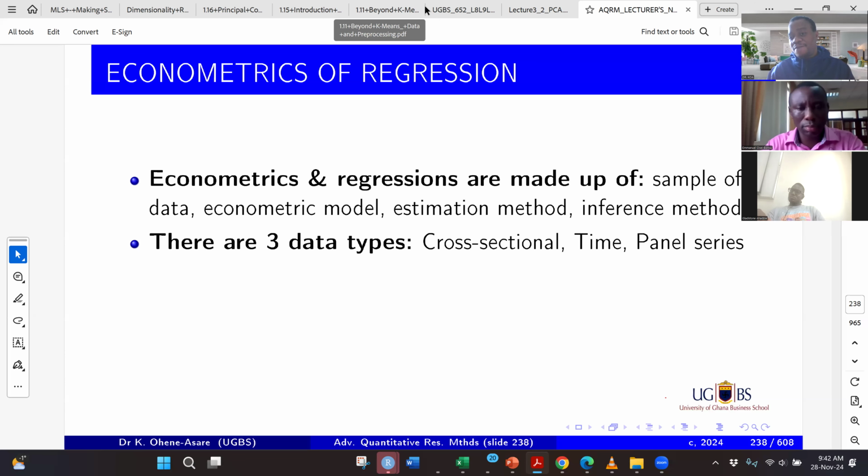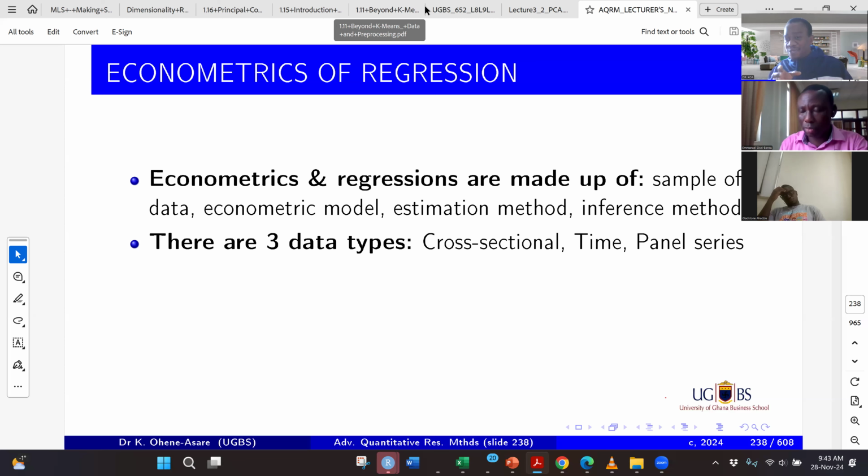Time series is when you take a particular variable and look at how it behaves over a long time period. If you take inflation, you are not checking inflation across African countries. You take the inflation for one country and look at the inflationary trend over time, from 1950 to date. That is time series, and it is normally used in stock market analysis.